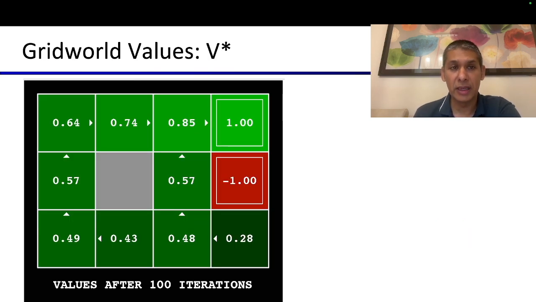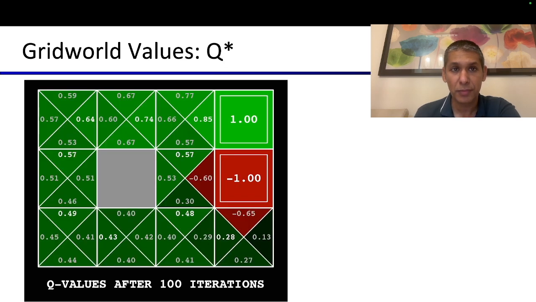Given a certain grid world with noisy settings like 0.8, 0.1, 0.1, and a gamma of 0.9, you can do a V star value calculation and arrive at these values. If this part is not clear, then please watch some of the previous videos where we have already talked about this.